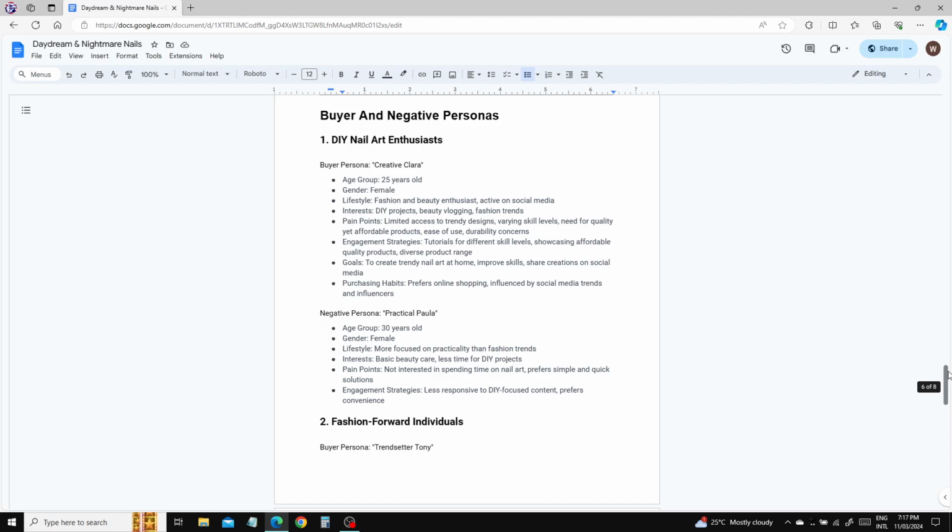It is a waste of your money. So you need that negative persona to tell ChatGPT, Google Gemini, Claude 2, even Bing, who to avoid. And what it will do is avoid using phrases that will attract your negative persona, and it will use phrases and wording to attract your buyer persona. It gives it guidelines of how to write things.